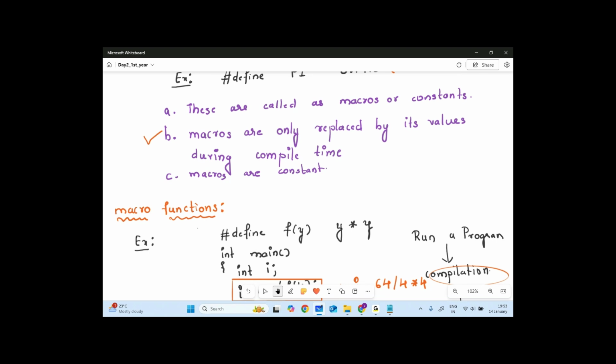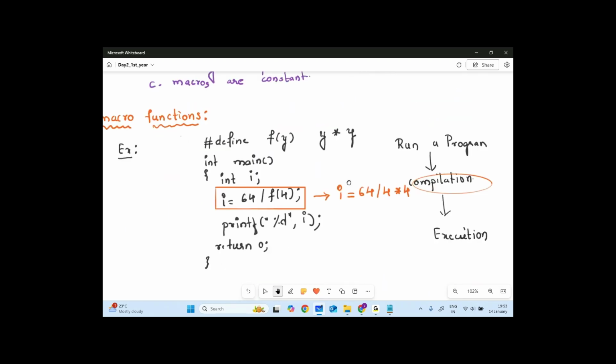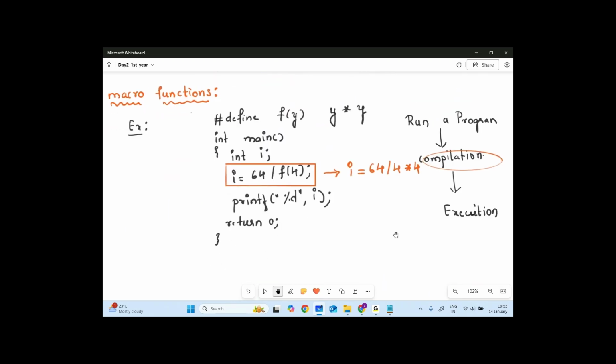So do you think that we do multiplication during compile time? Can we do multiplication, division, or any operation during compile time? Multiplication, division, addition, all these occur during runtime. Is everybody understanding? Currently we are in compilation.